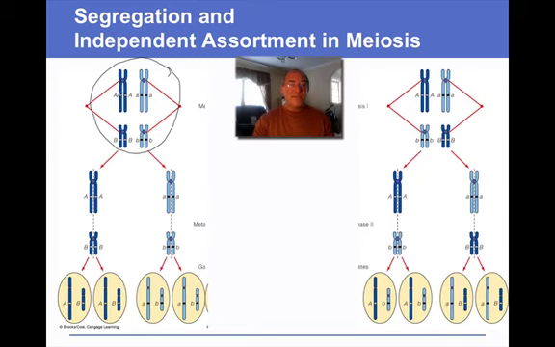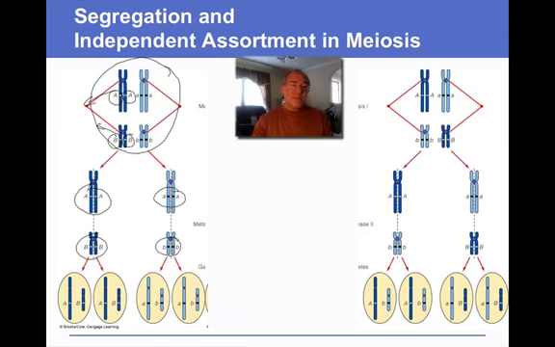And if you look here, we find that the dominant A genes are on the same side of the cell as the dominant B genes. So when they separate, when they go left and right, we find that the dominant A's and the dominant B's go to the same side of the cell. And consequently, the recessive A's and the recessive B's go to the other side of the cell.